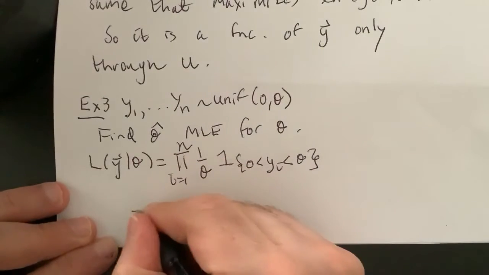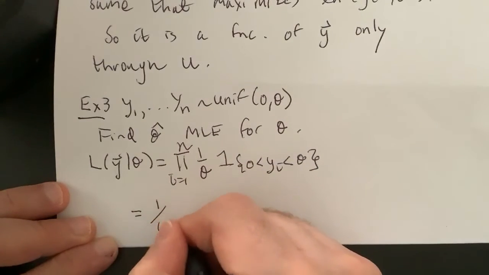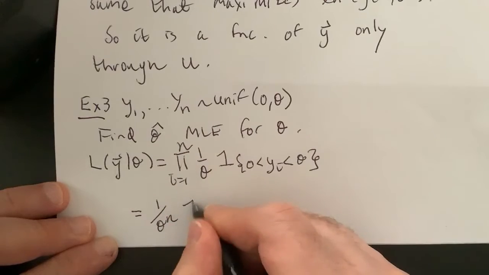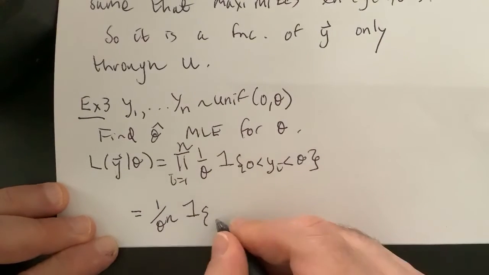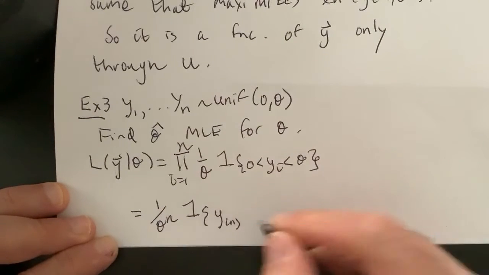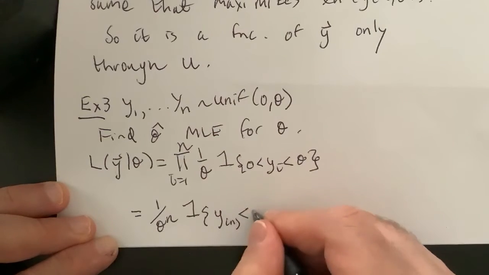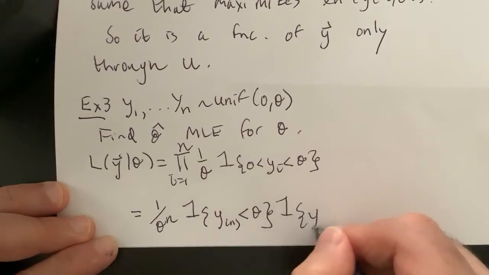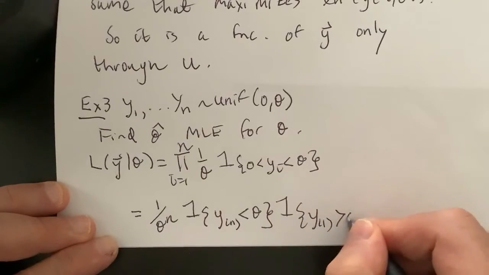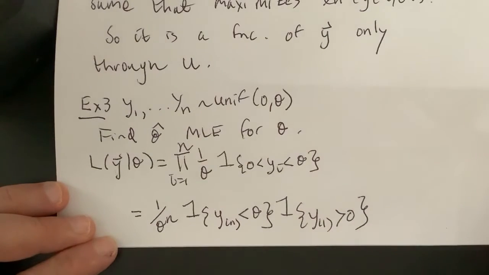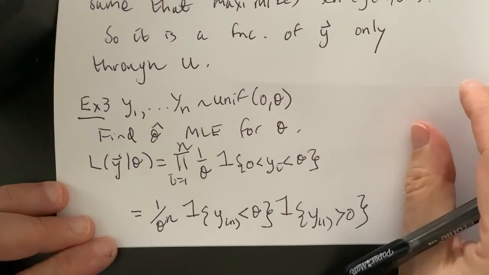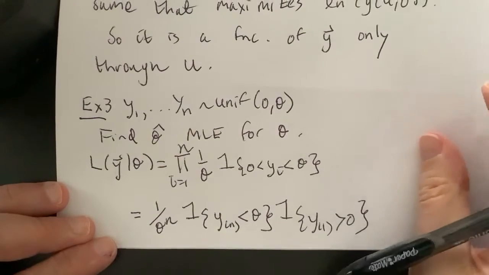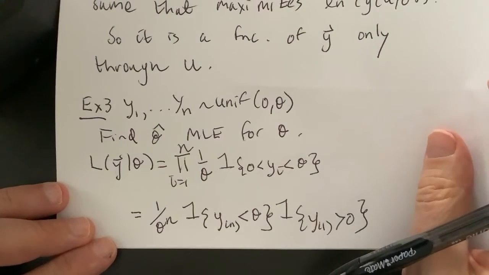We can multiply this out, so I have 1 over theta to the n, times the indicator that yn, the maximum, has to be less than theta, and the minimum has to be greater than 0. I don't think we need to take the log here.